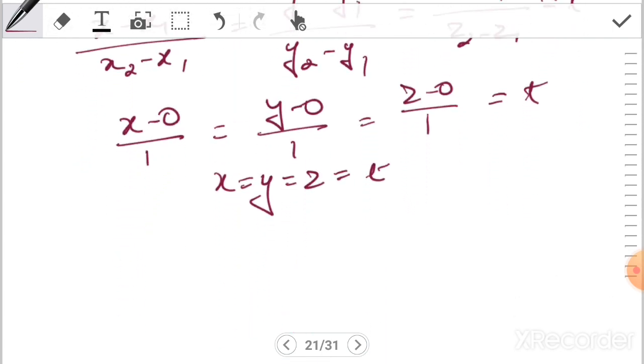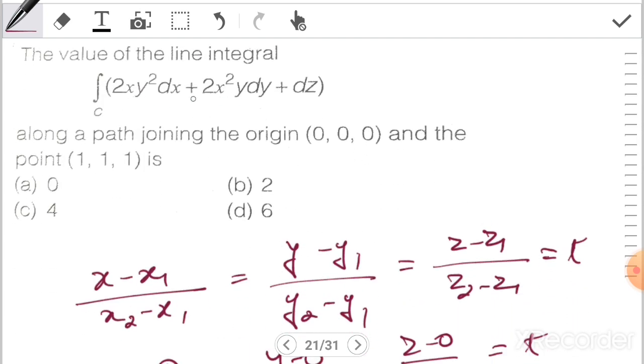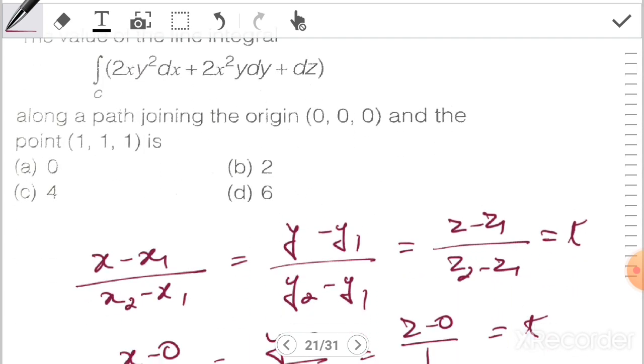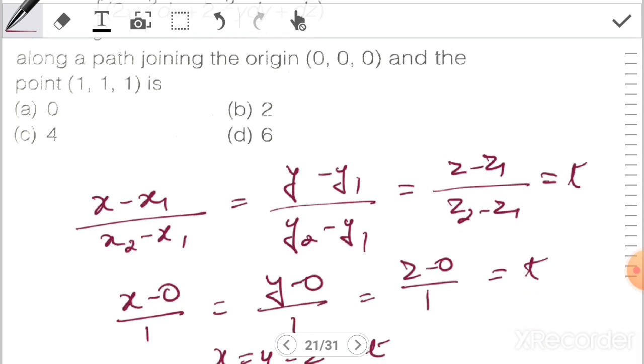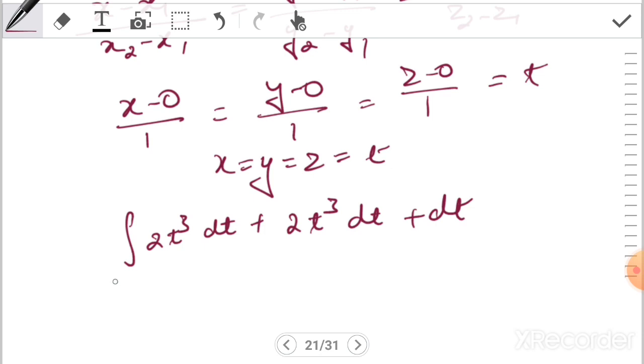So now this reduces to 2xy square plus 2x square y dy plus dz. So let us replace the value of x, y and z. So 2t cube dt plus 2t cube dt plus dt, where t varies from 0 to 1.